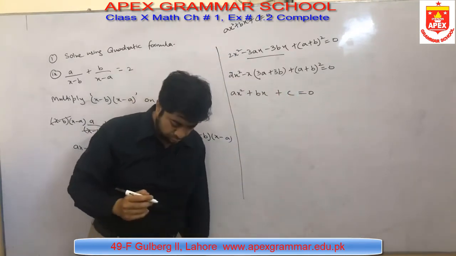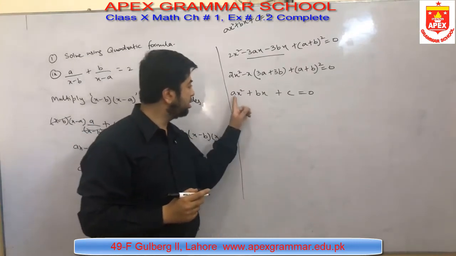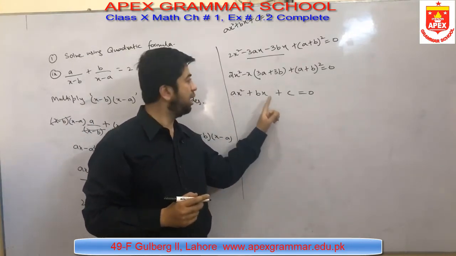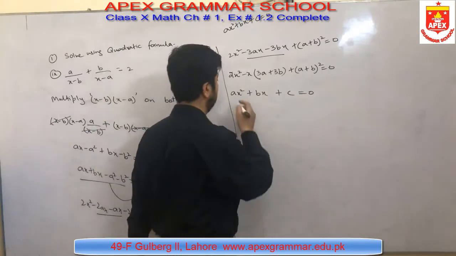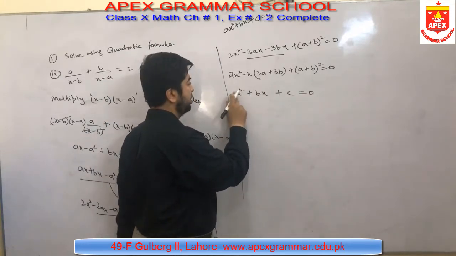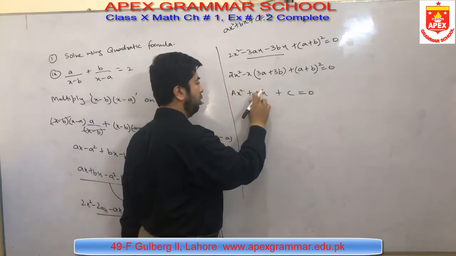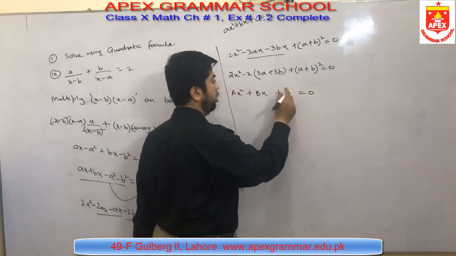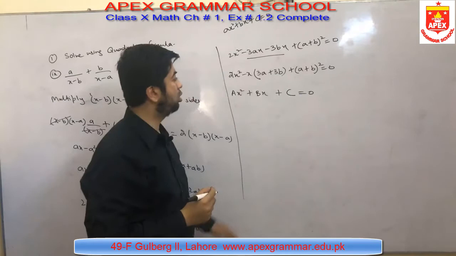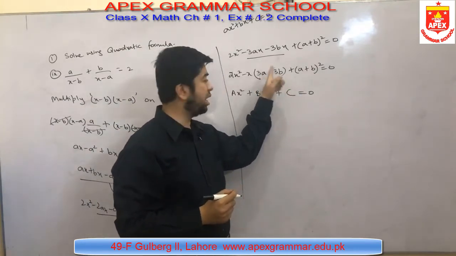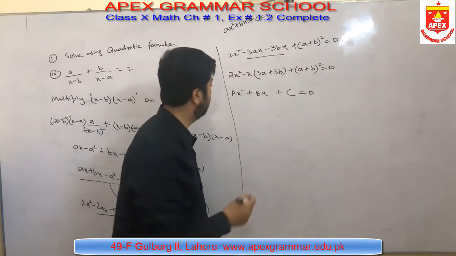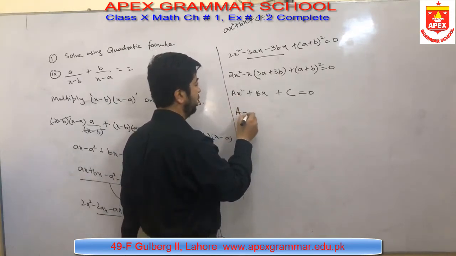One thing you have to note, these things contain a, b, c and these things also contain a, b, c. So you can write it with capital A, B, C also, just because of the mismatch. Because if we write small b with this 3a and this 3b, this b coincides with this small b. So what is the value of a here?